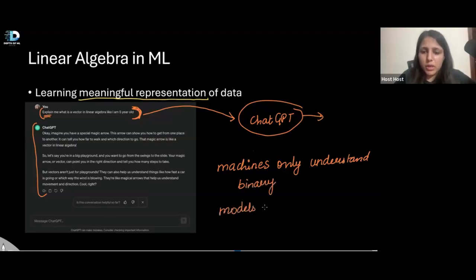Because you're representing this data in the form of numbers, it will only understand numbers. So how does it know that I'm a 5-year-old, so it has to tone down and bring in the context of swings and playgrounds so that I'm able to understand better?